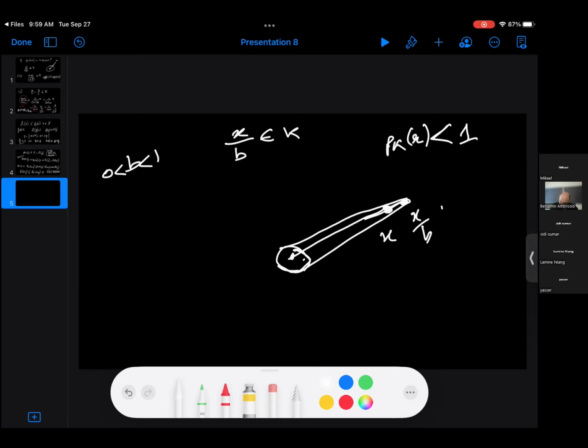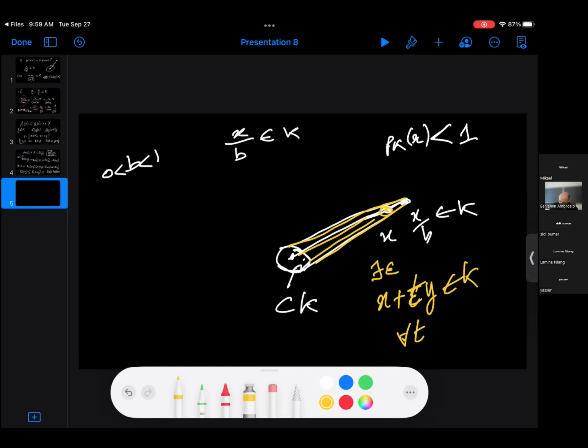So this belongs to k, and all this belongs to K. So next, I have all these points in yellow that belong to K, meaning that I can also define a small set such that x plus some epsilon y, it's t, belongs to K for all t less than epsilon and for all y belonging to the set.